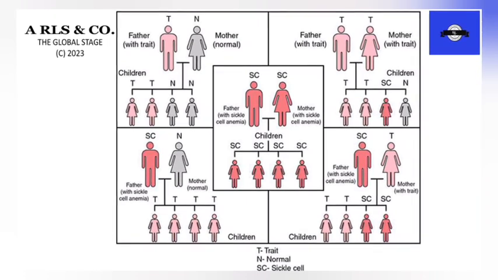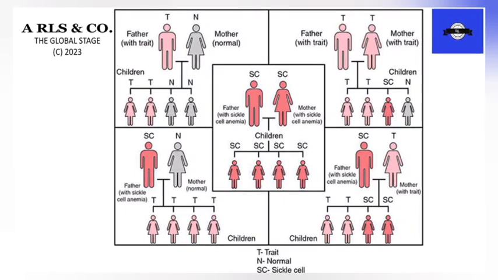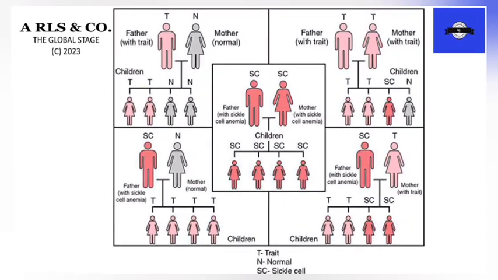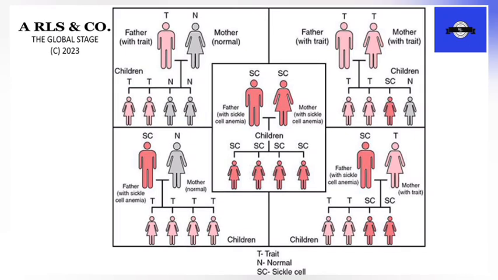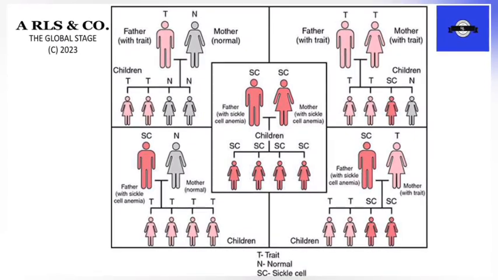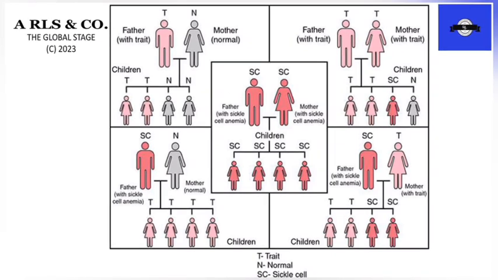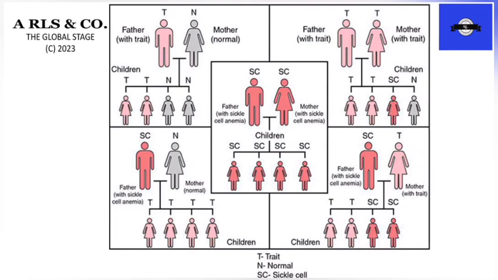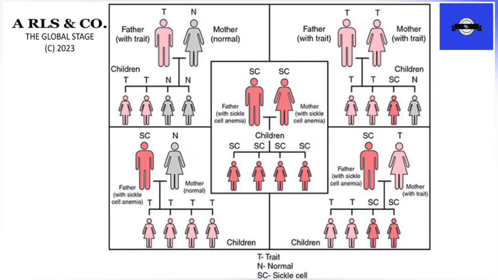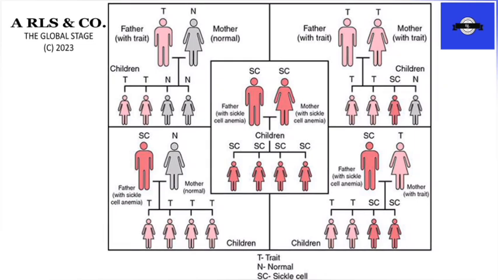In this table, T stands for the trait, N stands for normal, and SC stands for sickle cell. So assuming that the father has the trait and the mother is normal, there is a 50% chance that your children will inherit the trait from the father, and another 50% chance that your children will inherit normal from the mother.